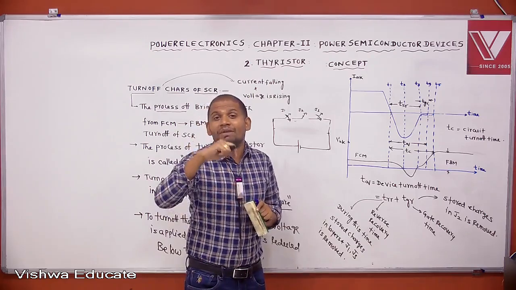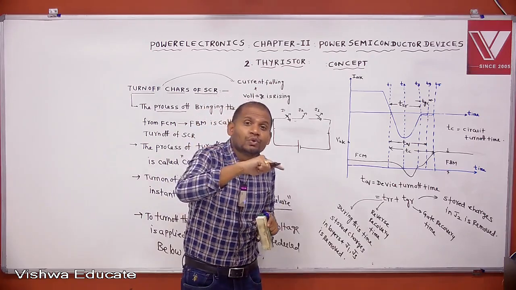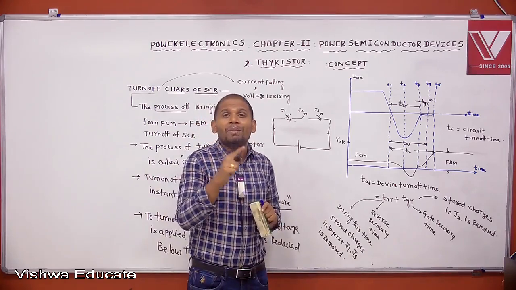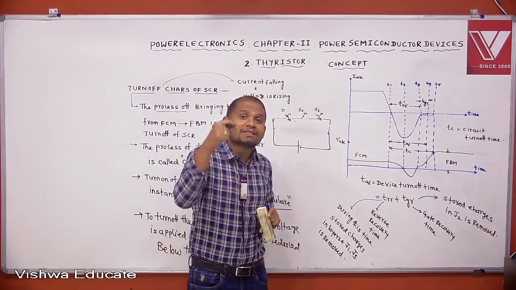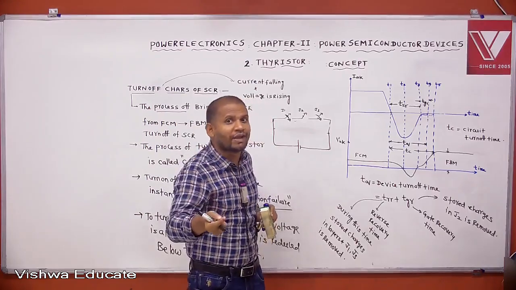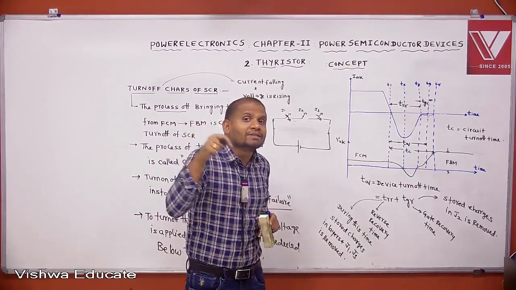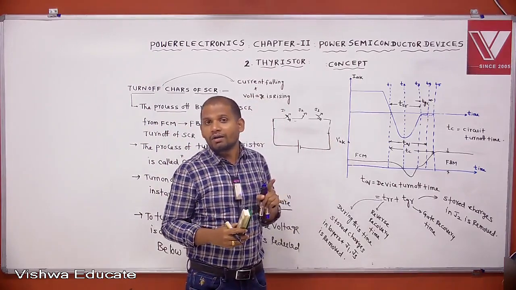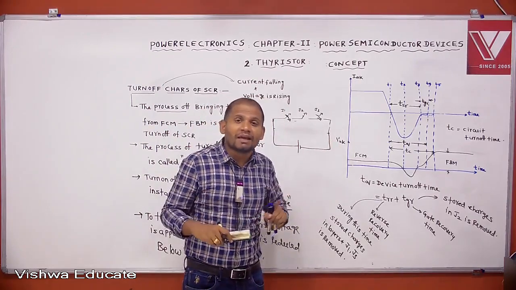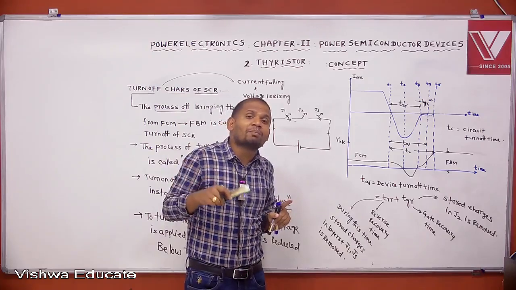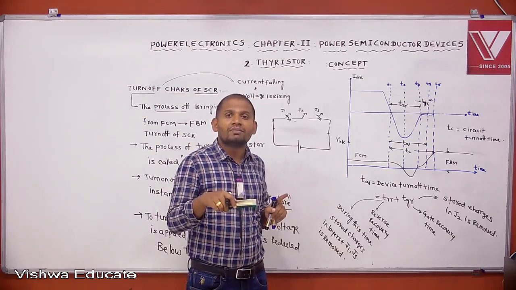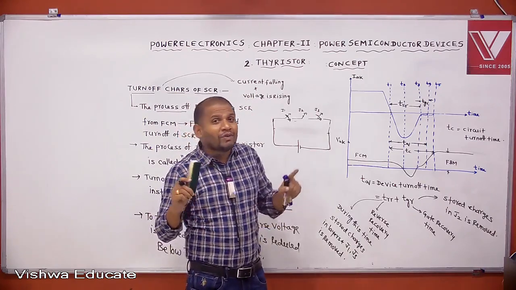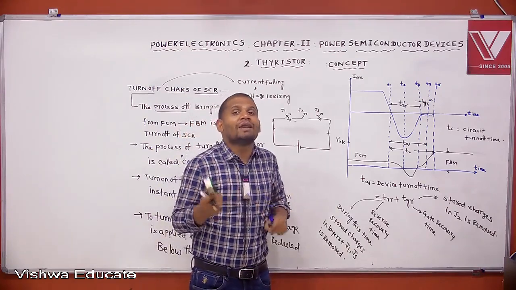It is the time given by the circuit to the device to complete its turn off process. Or it is the time a reverse voltage is applied across the device. Why are we defining circuit turn off time? For reliable turn off.